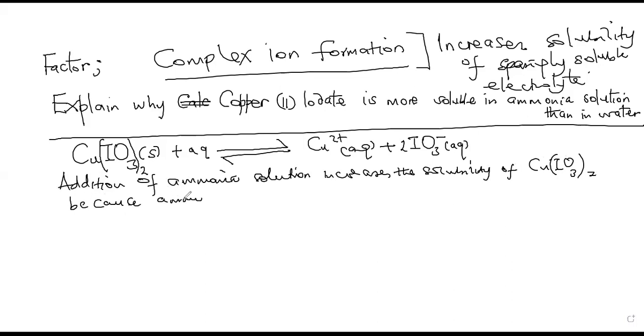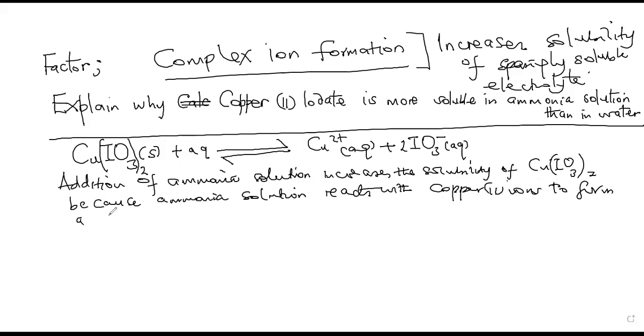Increases the solubility of copper 2 iodate because ammonia solution that has been added reacts with the copper 2 ions to form a soluble complex of tetramine copper 2 ion.